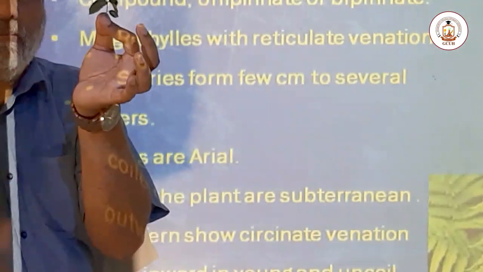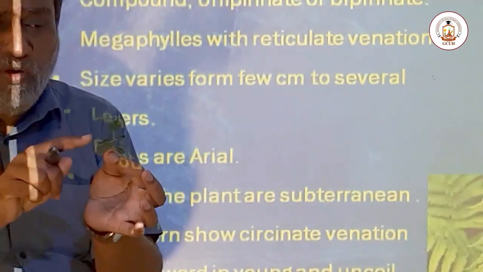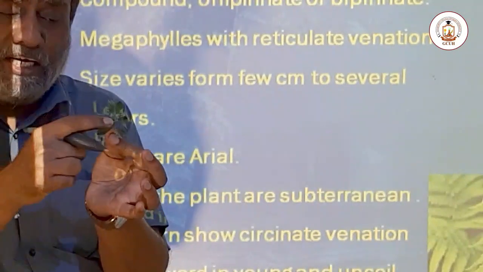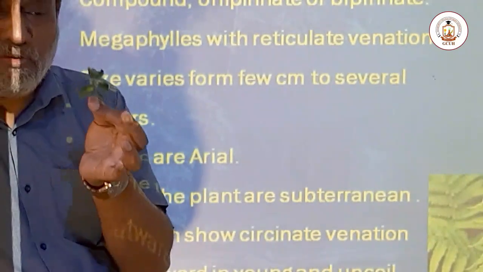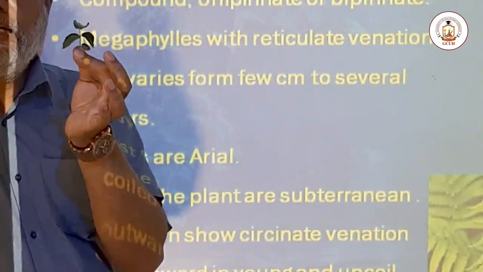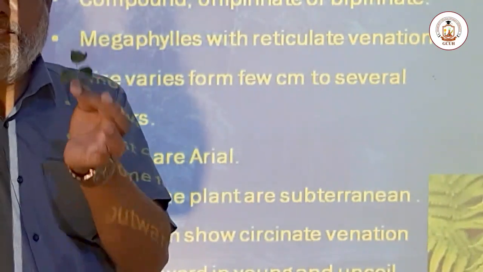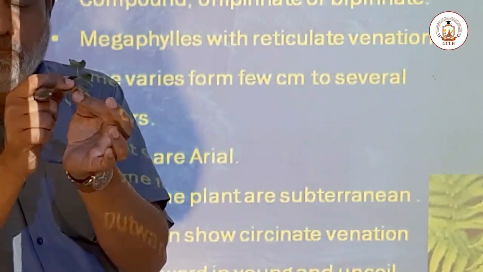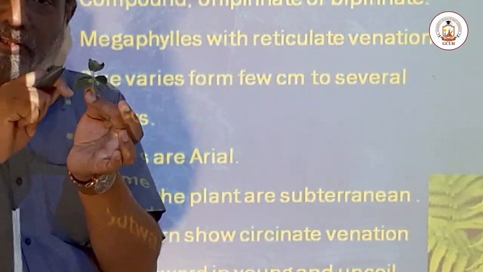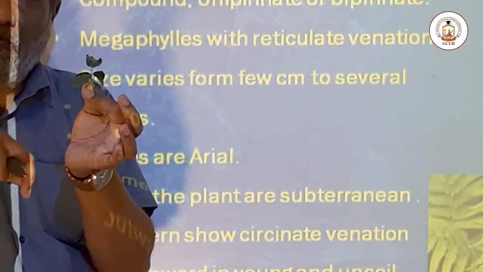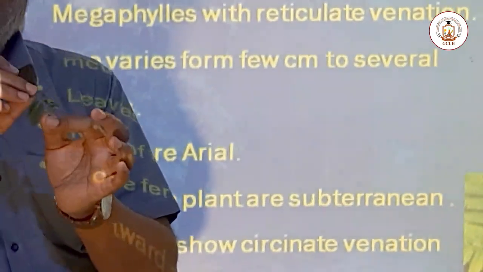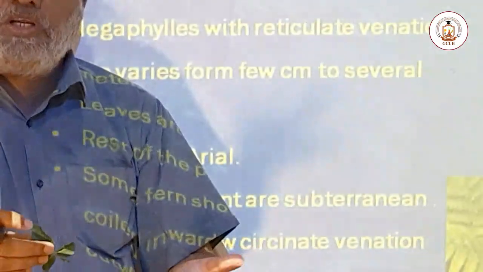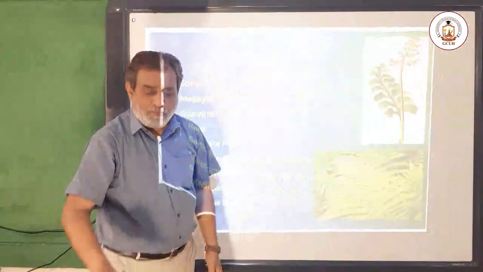It's a single leaf, but it is divided into one part and another part. So this is called the unipinnate compound. If these pinnae are divided further into a number of pinnae, then they will be called a bipinnate leaf.